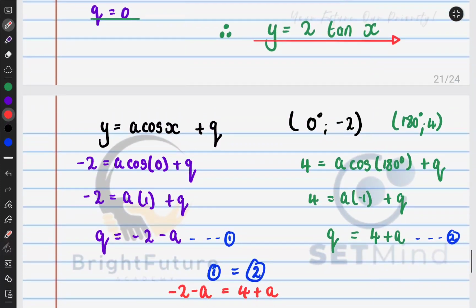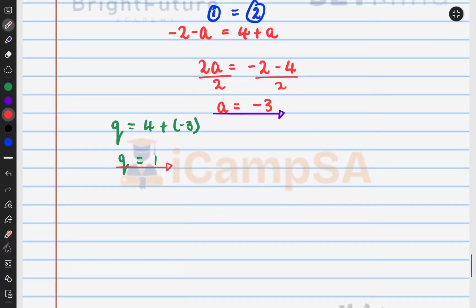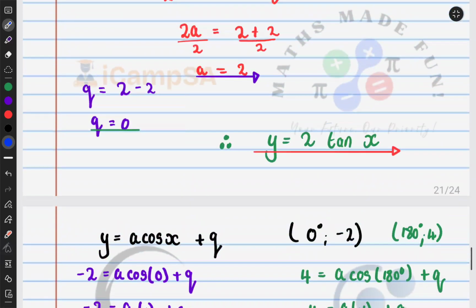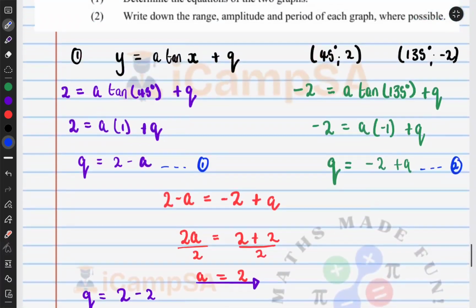Okay, those are the values of a and q, which should make our equation y is equal to minus 3 cos x plus 1.